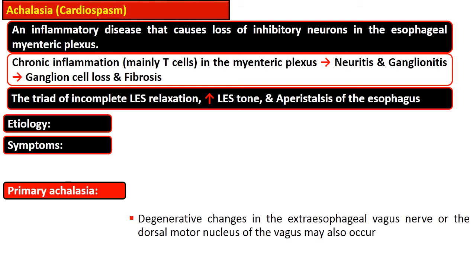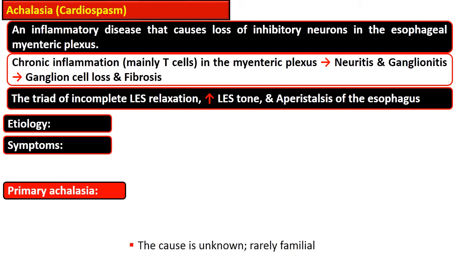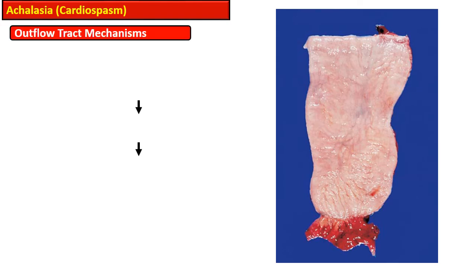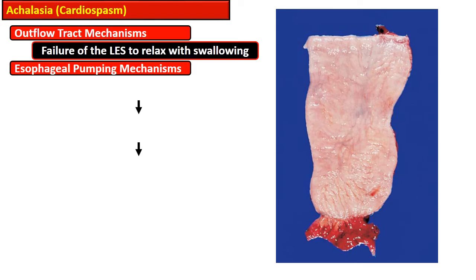The degenerative changes in the extraesophageal vagus nerve or the dorsal motor nucleus of the vagus may also be present. The cause is unknown and it is rarely familial. There are two mechanisms: one is the outflow tract mechanism and another is the esophageal pumping mechanism.